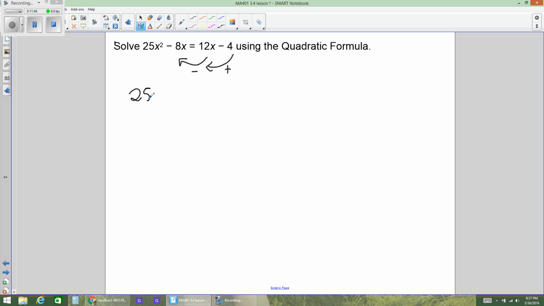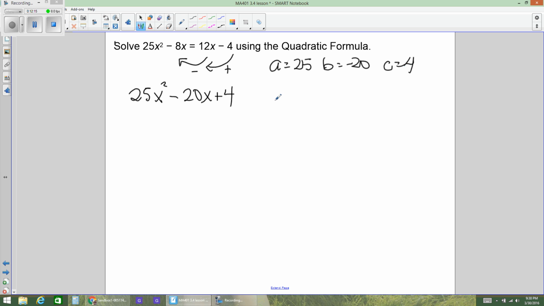So I've got 25x squared minus 20x plus 4. Okie dokie. A is 25, B is negative 20, C is 4, and I'm going to wish I had my calculator.